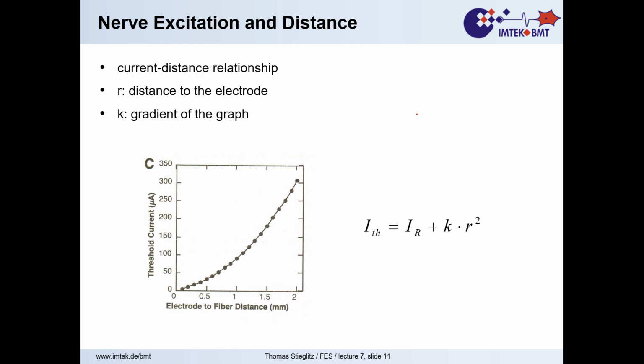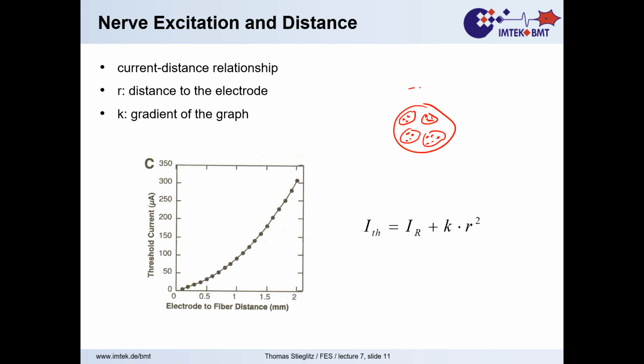But we have a nerve here with different fascicles, and the fascicles have their nerve fibers, and the nerve fibers have also different thickness, so getting more and more complicated.